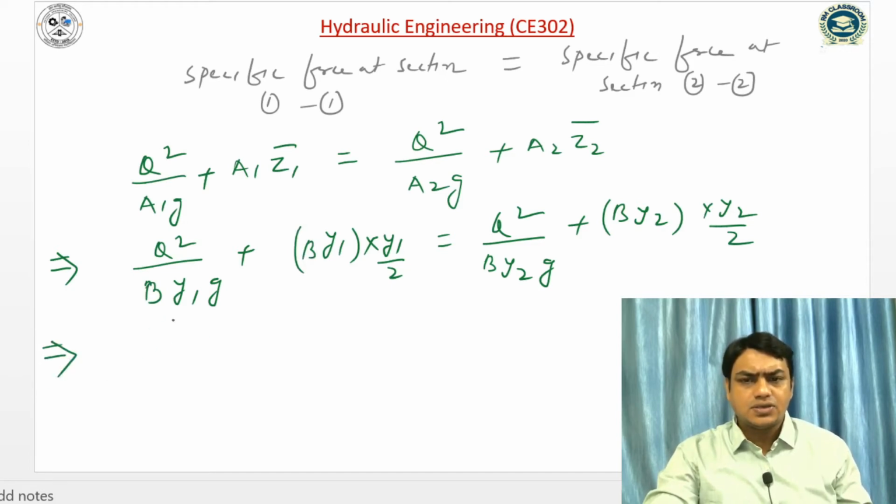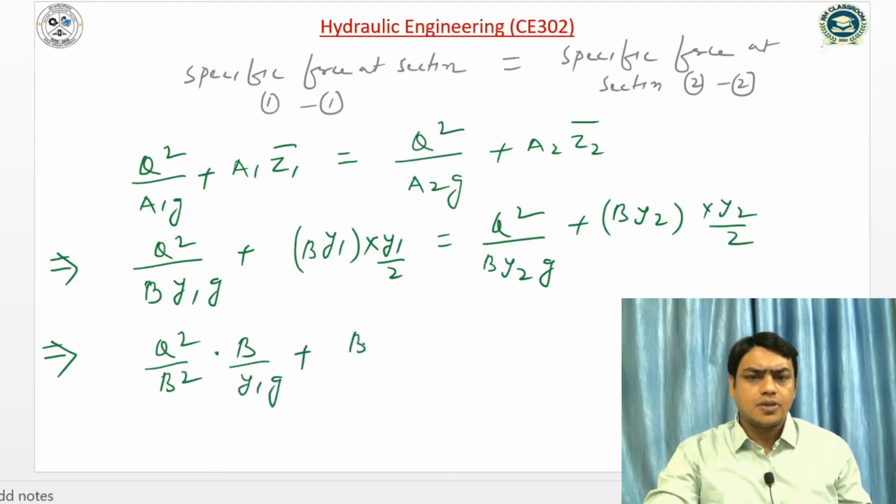We can write Q square by b square into b divided by y1 g plus b into y1 square by 2, equal to, similarly, Q square by b square into b by y2 g plus b into y2 square by 2.